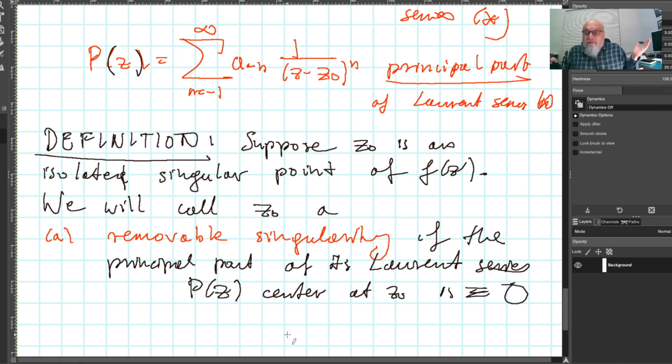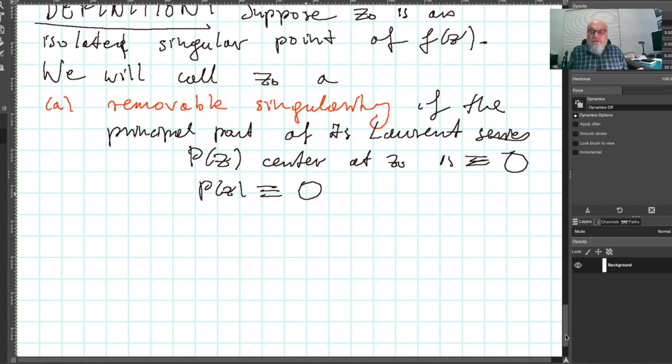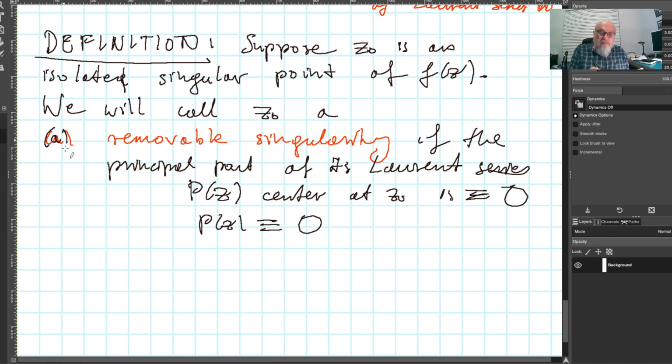That means it doesn't exist. So P of z is equal to 0. All the coefficients are 0. So this will be called a removable singularity.